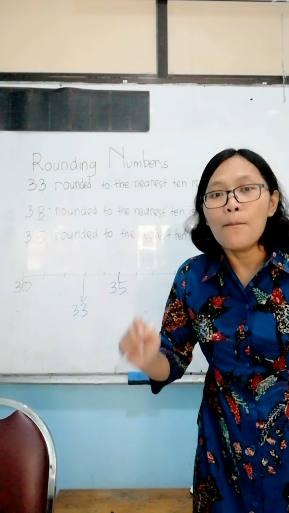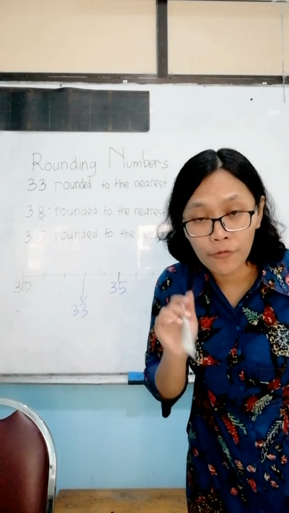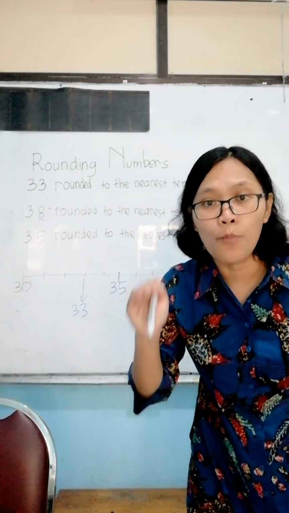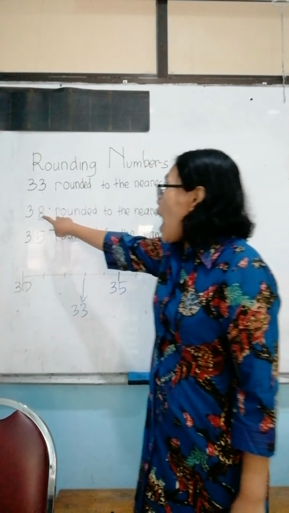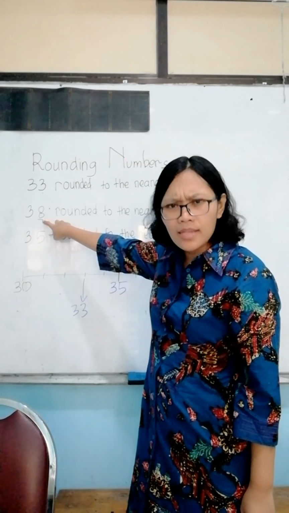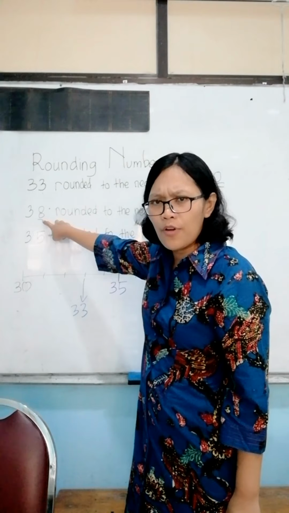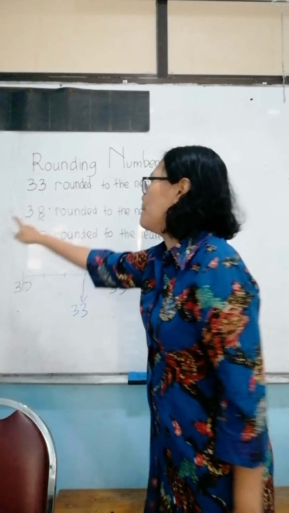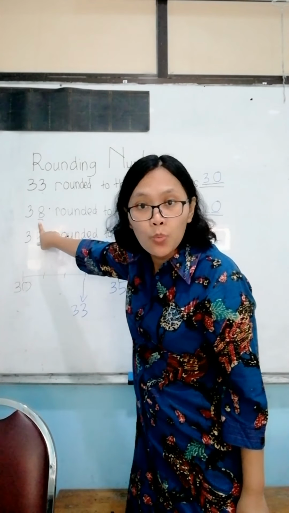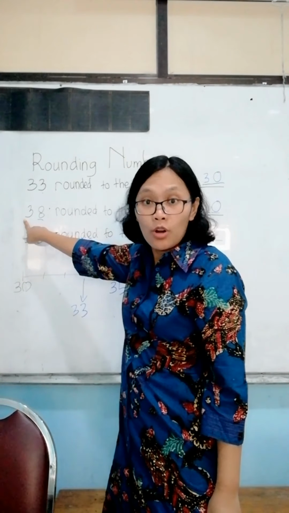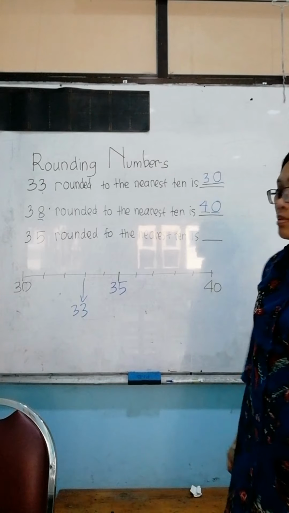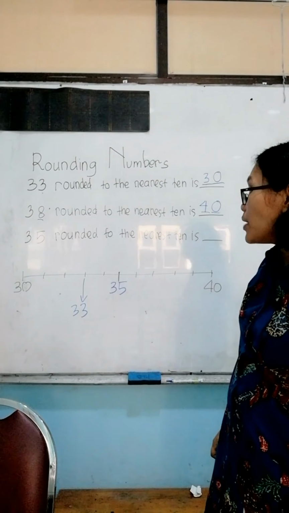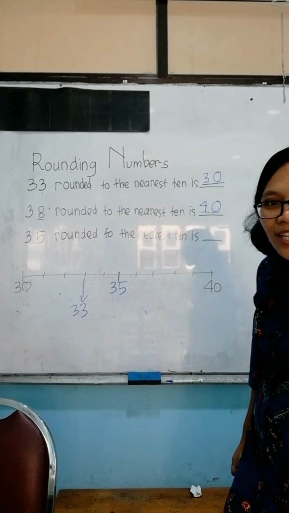But if it is 5 or more than 5, then you have to round it up. How about 8? Is it less or more than 5? Yes, more than 5. That is why the 10s is no longer 3, it becomes 4. So 38 rounded to the nearest 10 is 40.